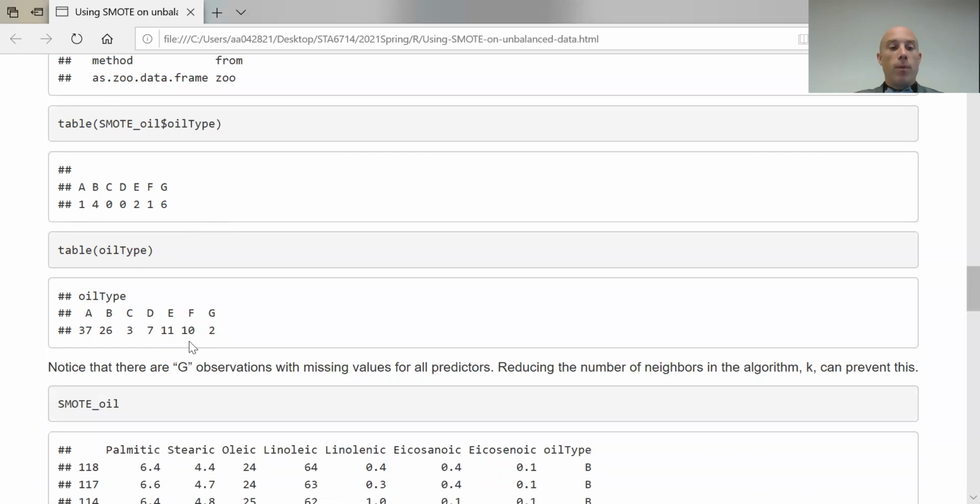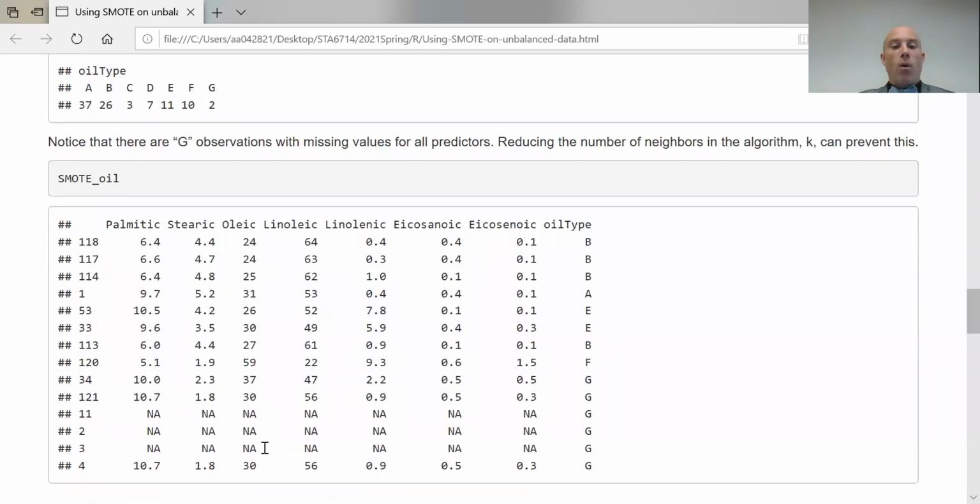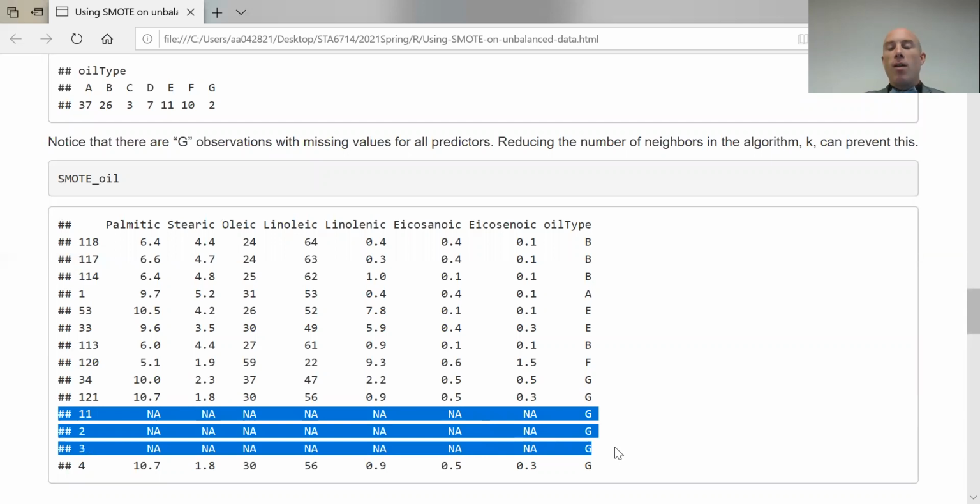Okay. Now, something about this: if I print this up, for some reason, and I don't really understand why the algorithm does it, this generates missing values. I played around with this before making the video, and every time there was one missing value, the entire row of predictors had missing values.